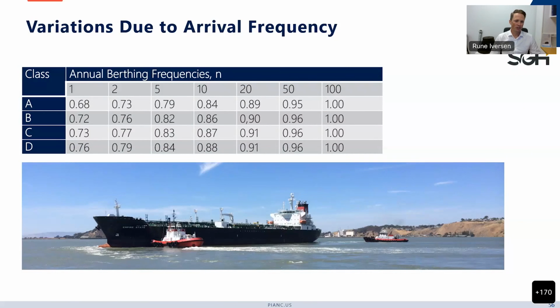So for 10 berthings per year, you can probably reduce your required berthing energy by about 85%. One berthing per year, you're down close to 70%. So we have developed adjustment factors based on this.